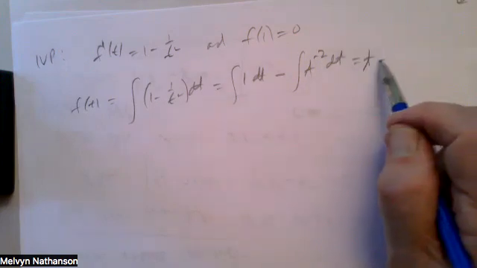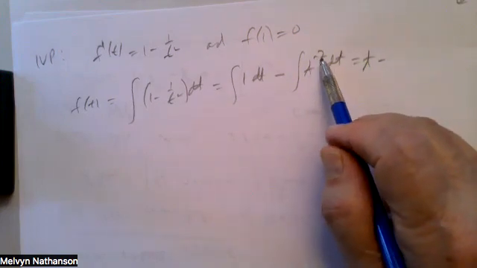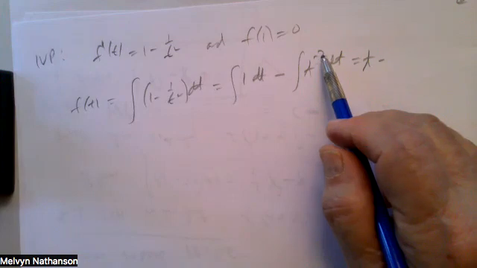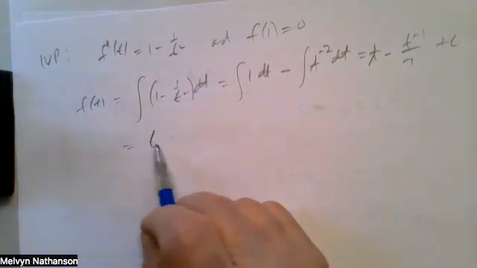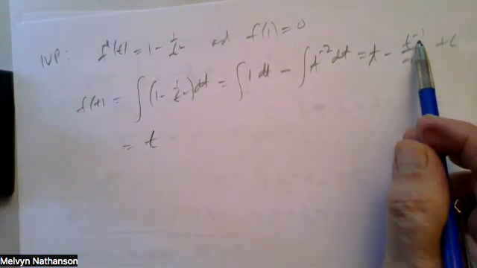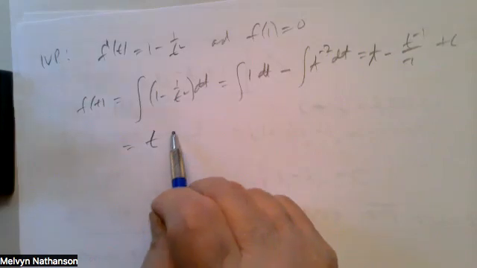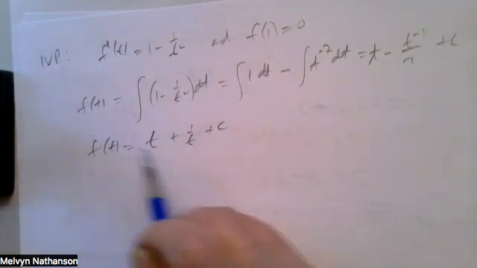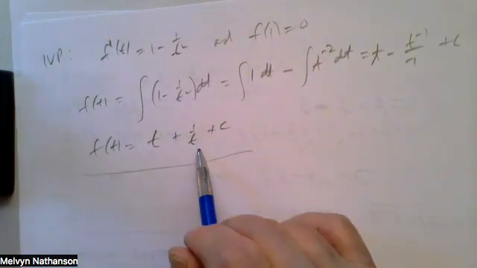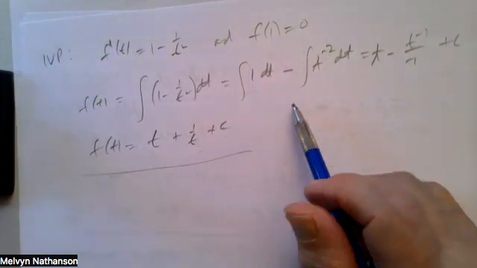If you add 1 to minus 2, you get minus 1. You get t to the minus 1 over minus 1 plus a constant. So this is t, minus times minus is plus 1 over t, plus a constant. So f of t is going to be t plus 1 over t plus the constant.